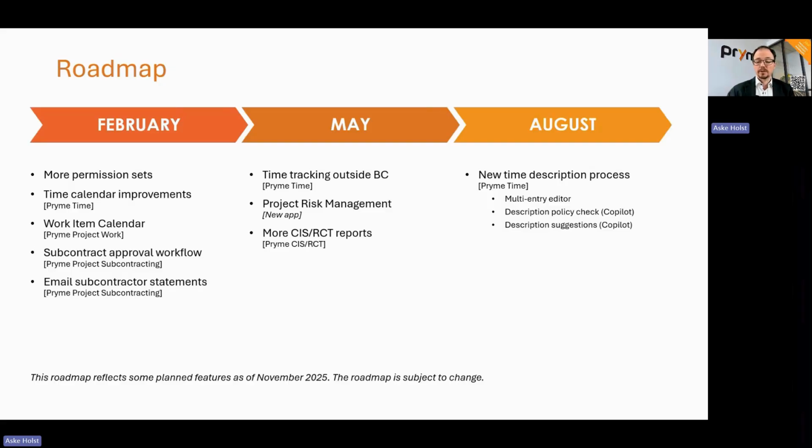So we will add some policy checking by Copilot, where you will get a review, hopefully with a policy document that you can upload, and then it will check all descriptions and see if they fit with company policies before sending out the invoices, but also making suggestions for how those descriptions could be changed to be compliant with policy.